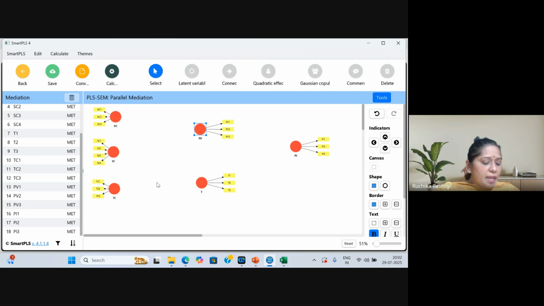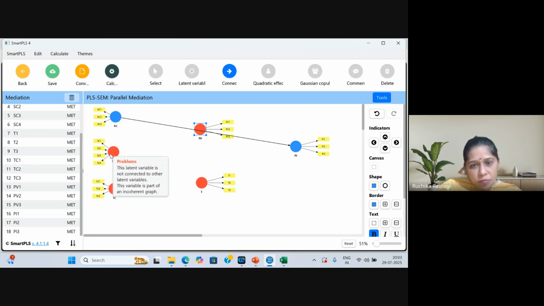Have you done this? Can I start connecting the variables now? Okay, now connect it. What I told you when I showed you the model on the board, every IV will connect first to DV. So connect them. AC is connected with PI, SC is connected with PI, and TC is connected with PI.